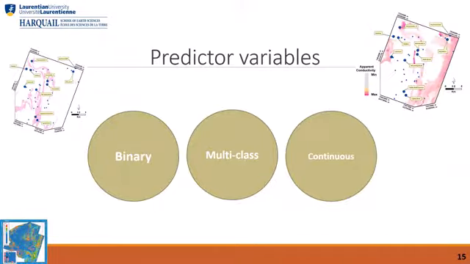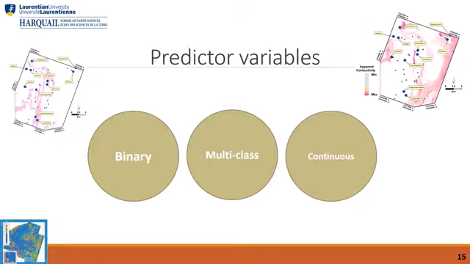We have different types of predictor variables. We have binary variables, an example of which is illustrated here, and we have multi-class and continuous variables. Each type of variable comes with its pros and cons.